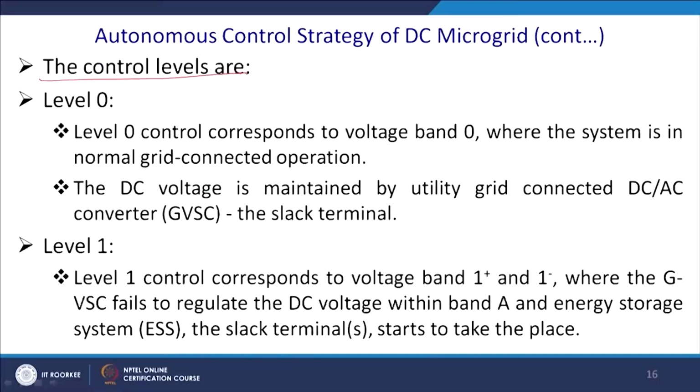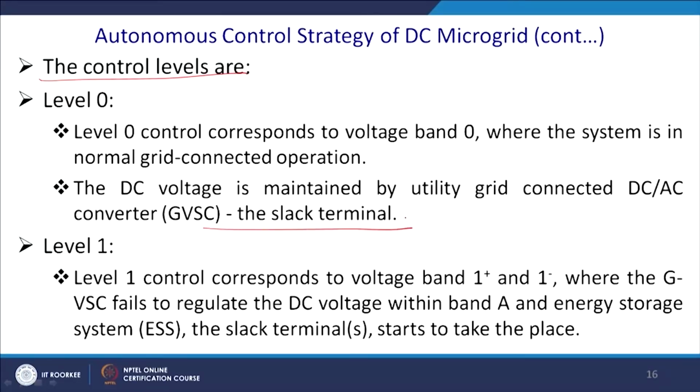The control levels are: level 0 corresponds to the 0 voltage band, where the system is in the normal grid connection, and it is very close to the required voltage level. The DC bus is maintained by the utility grid, by the AC to DC converter or DC to AC converter, and this becomes the slack terminal.